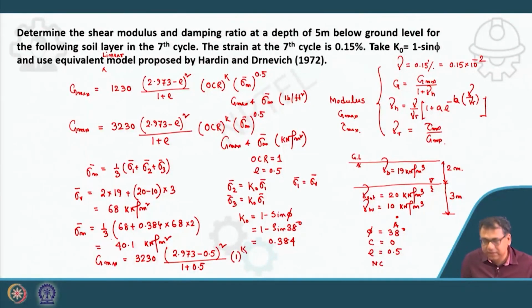This is 1 to the power K, as OCR value is 1, that's why I am not determining the K value. Otherwise you have to determine the K value from the table which is given. I have also given the table.